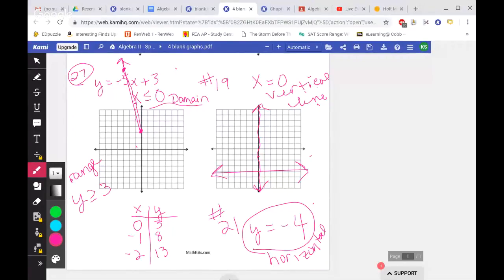The vertical line is the x equals 0 because I kind of drew over the y-axis. And then number 21 is the horizontal line that falls in the lower quadrants of the coordinate plane. I probably should have done it in a different color. That would have helped.